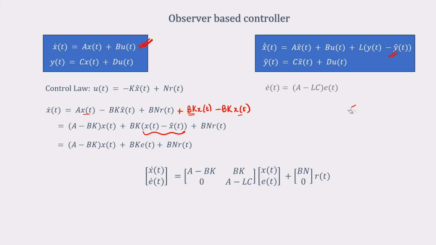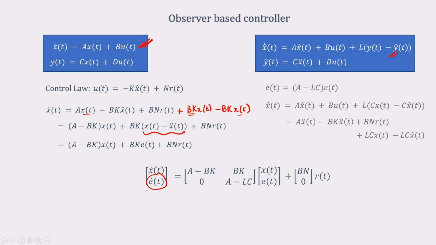These same equations can also be rewritten in this way. Instead of e dot, if I replace e dot by x hat dot, I will get something like that. See, x hat dot here is A x hat plus Bu plus this, this is your y, this is your y hat, and from here you can see that when I place this control law in place of u, I will get an expression of this form.